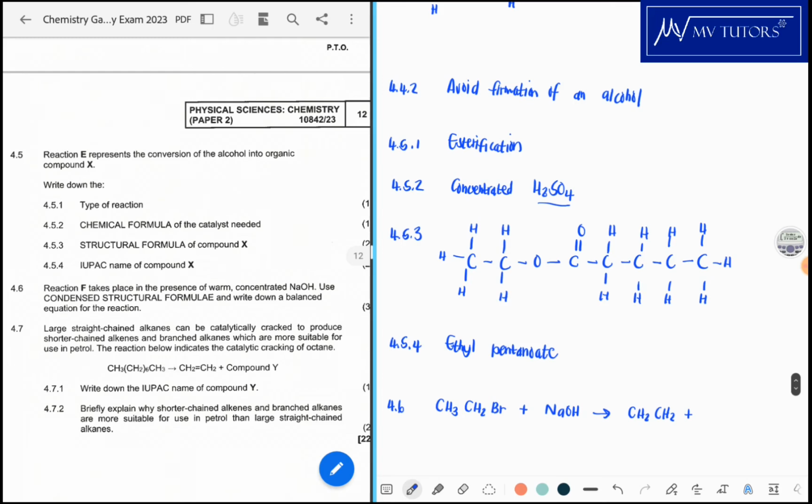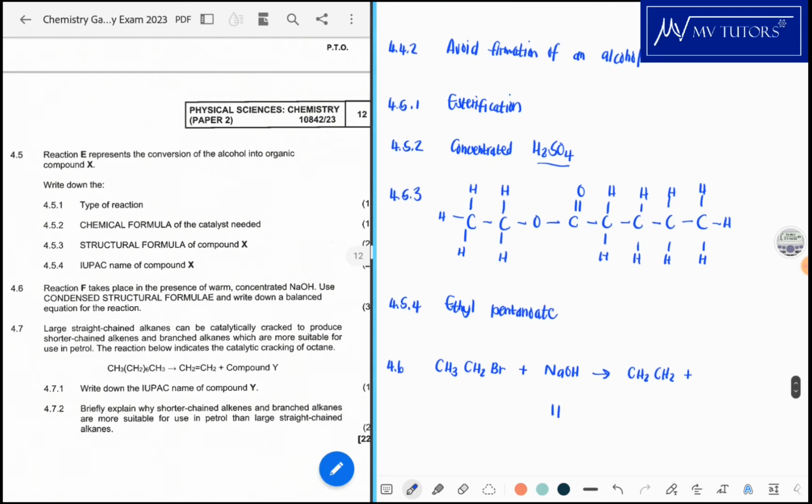and remember, hydrogen and bromine were eliminated. So if you have hydrogen and bromine that were eliminated, the hydrogen tends to go to the OH, and the bromine tends to now mix with sodium. So you're going to have sodium bromide as one of the products, as well as water.